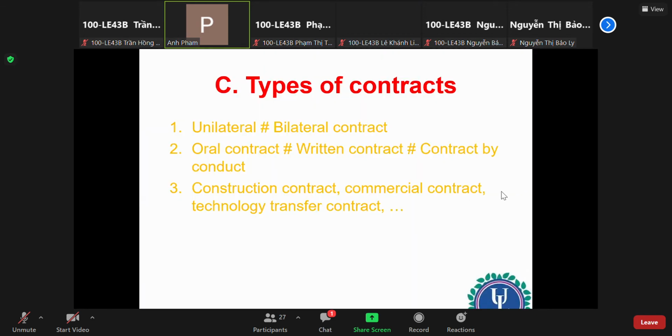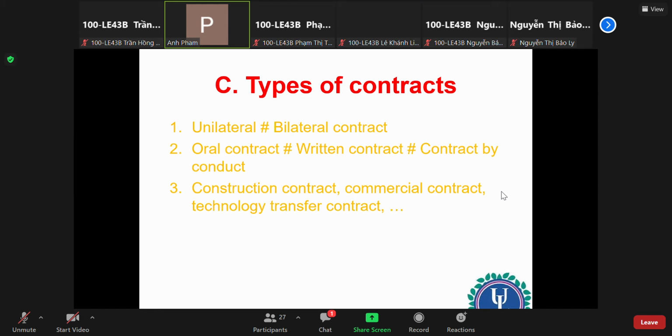Now, first of all, we should know the types of contract. People may have different ways to classify contracts. Here, I just give you three kinds of contracts according to different criteria.